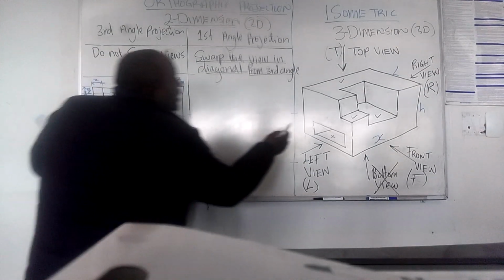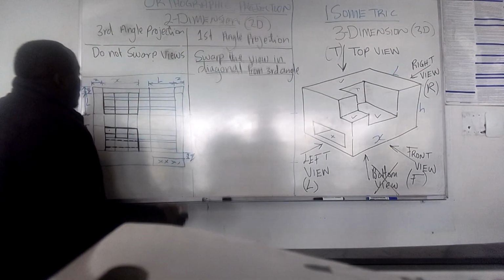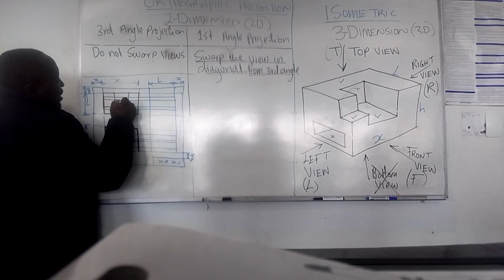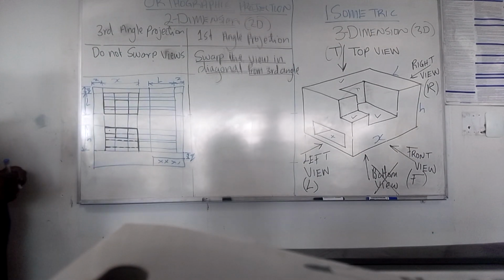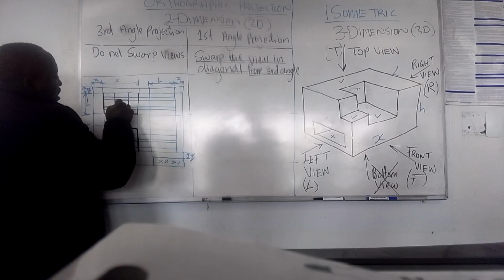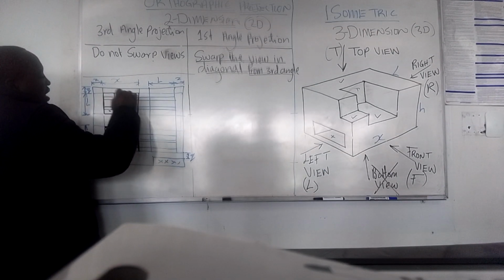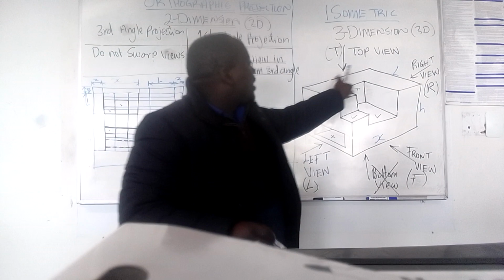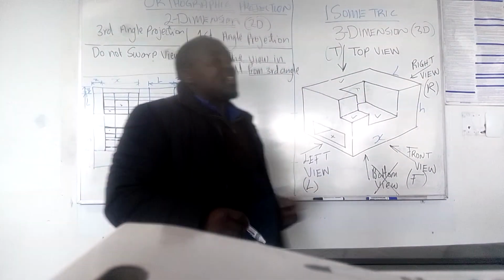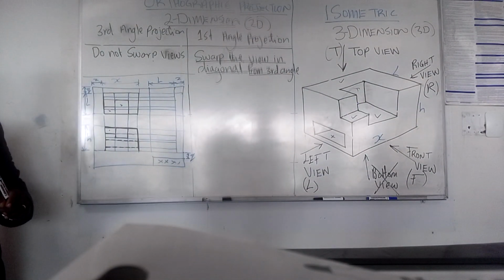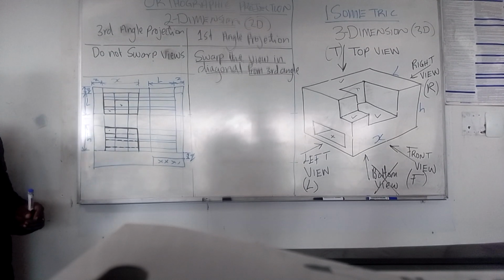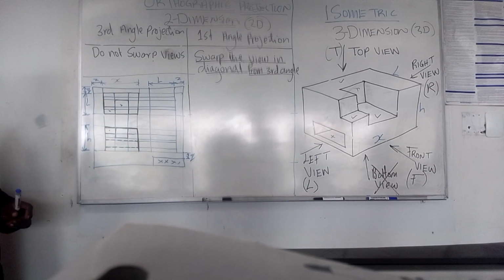Then this back face will be represented by a single line, this one. So you have got this face, that face, and this one. Can you get the picture? Can you see me? Okay.